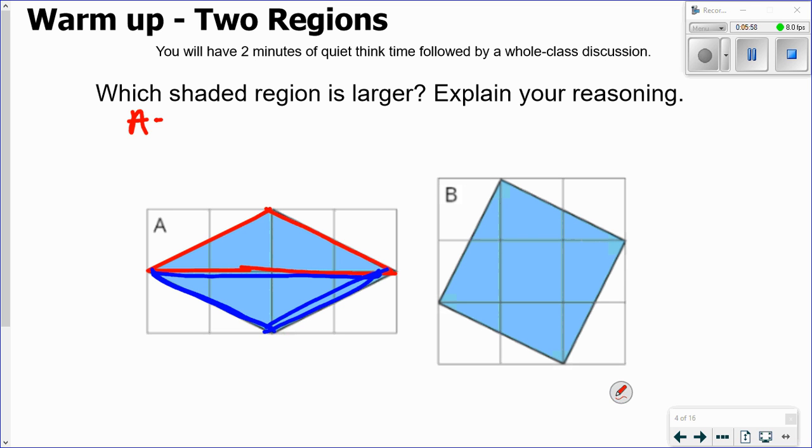So again, that's area equals 1/2 base times height. If I go ahead and count out, there are 1, 2, 3, 4 units across the base. So I can input 4 for my base.